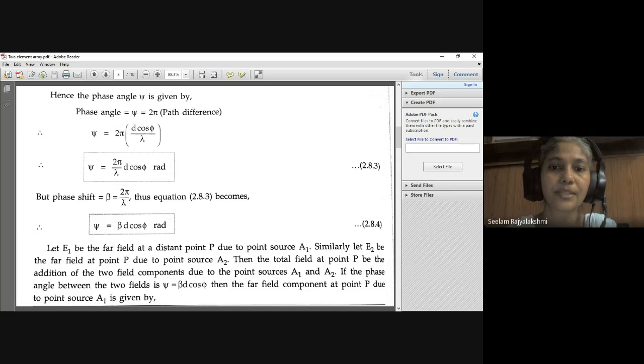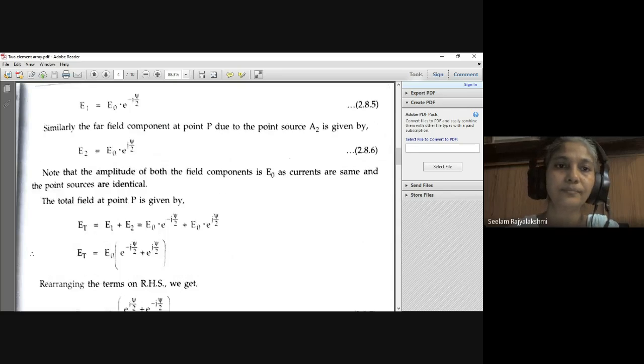If the phase angle between the two fields is psi equals beta d cos phi, then the far field component due to A1 is E1 equals E naught e power minus j psi by 2. Similarly, the far field component due to A2 is E2 equals E naught e power j psi by 2.